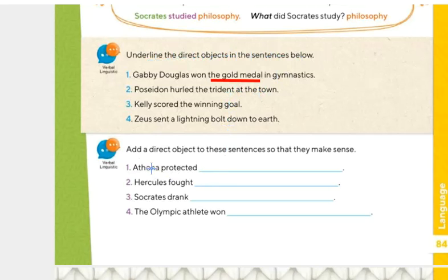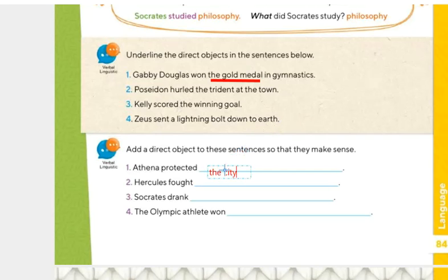And the next exercise says, add a direct object to these sentences so that they make sense. Athena protected. We need to add a direct object. So Athena protected. Yes, the city.